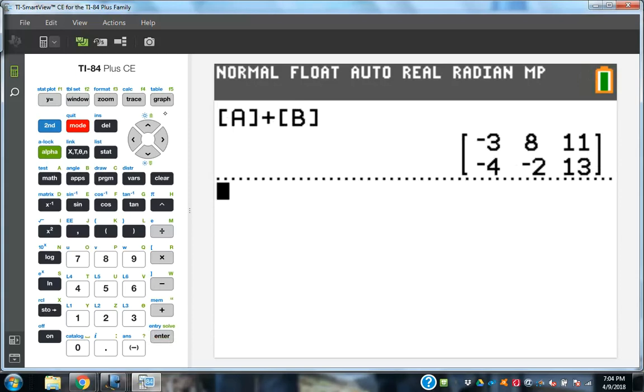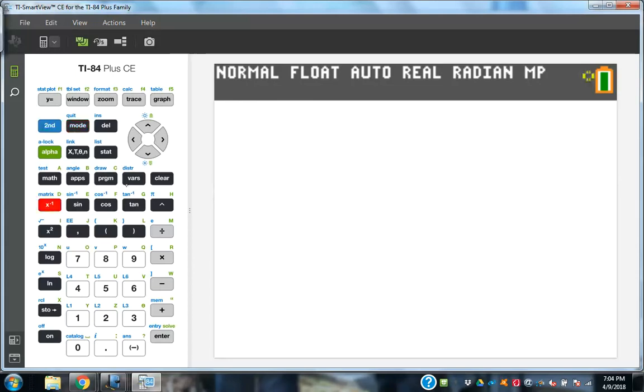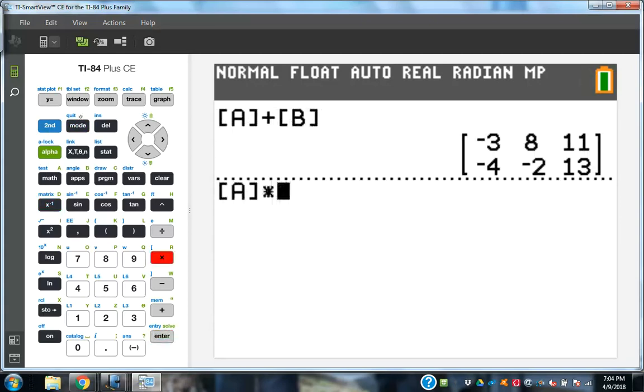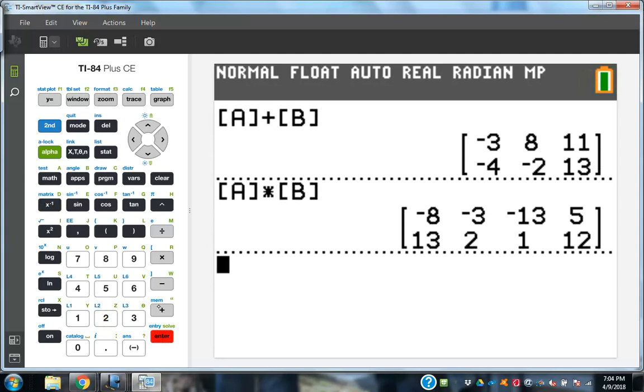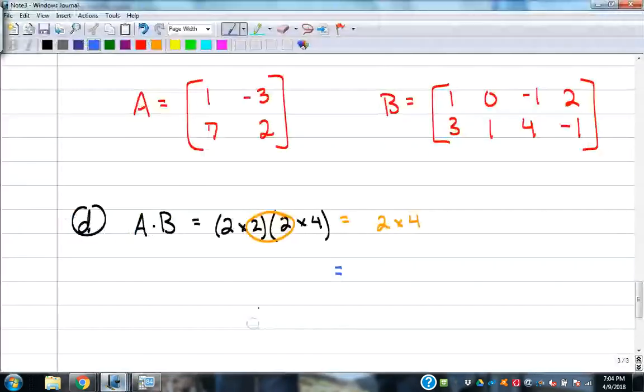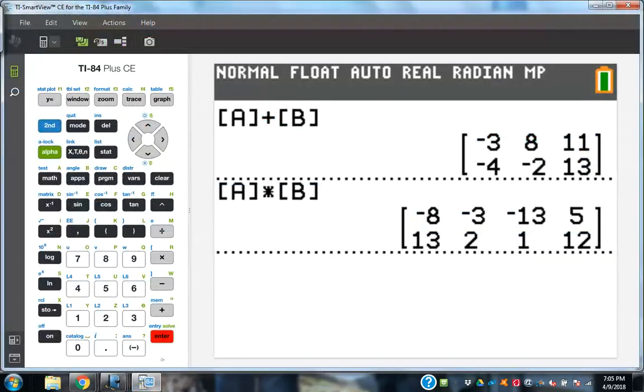All right, so similar to how I did A plus B to get the addition, I'm going to do A times B to do the multiplication. So second matrix A times second matrix B, and there it cranks out. What size is that thing? It's a 2x4, just like it's supposed to be. -8, -3, -13, and +5, sorry.